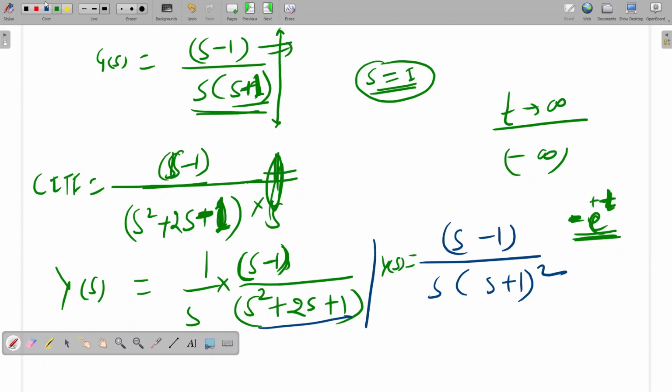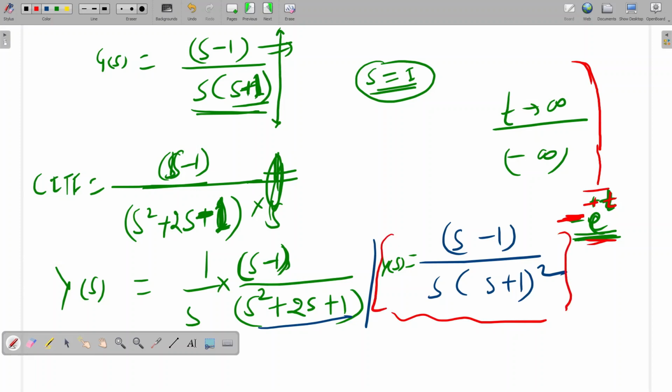The negative sign will be there and t will be positive, so as t increases to infinity, after some particular value it will go to minus infinity. Is it clear? This will be the reason.